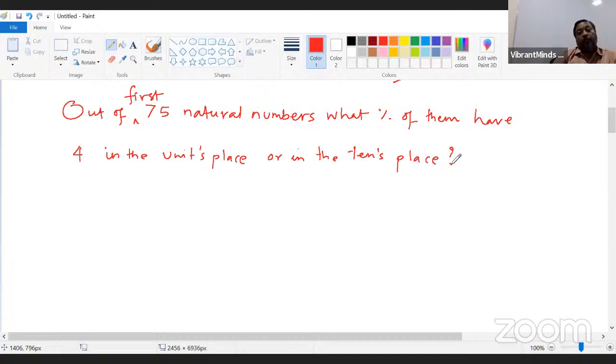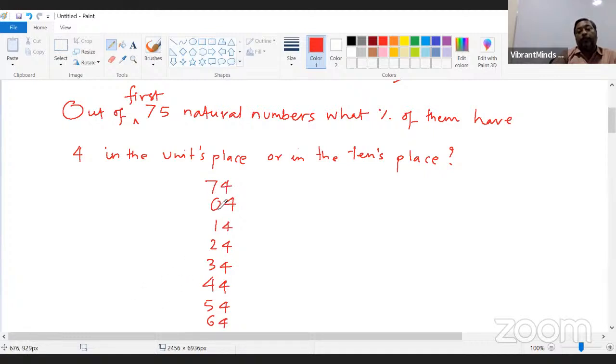Okay. Now see, coming of 4 in the units or tens place. Now 4 will come in the units place in how many places? So it will be 4, 14, 24, 34, 44, 54, 64, and 74, isn't it?